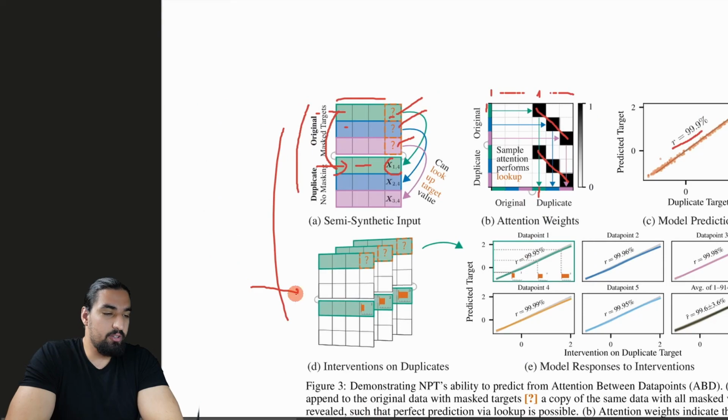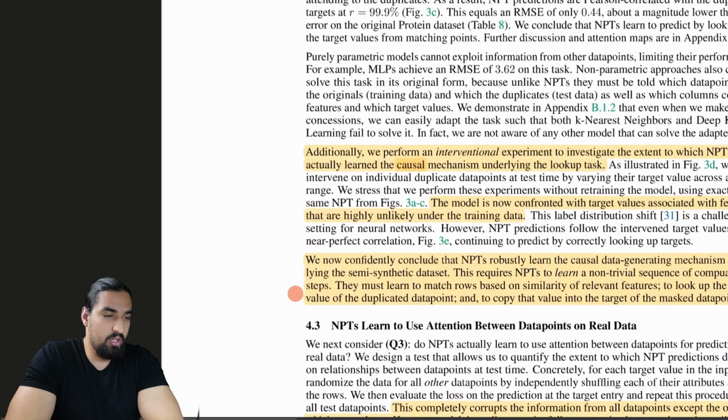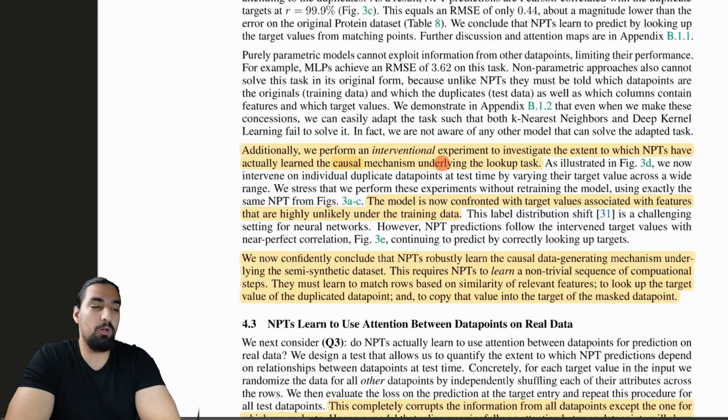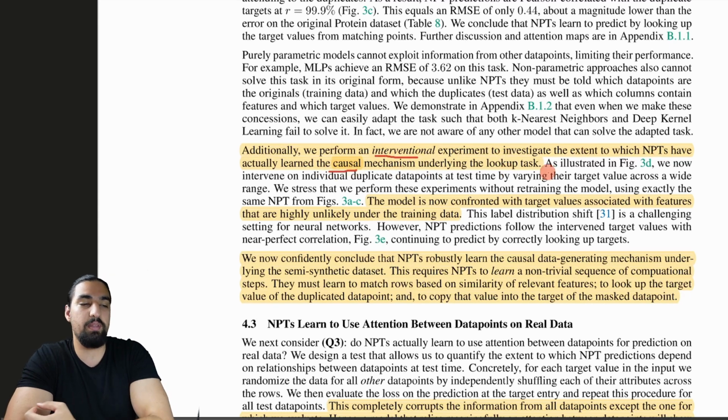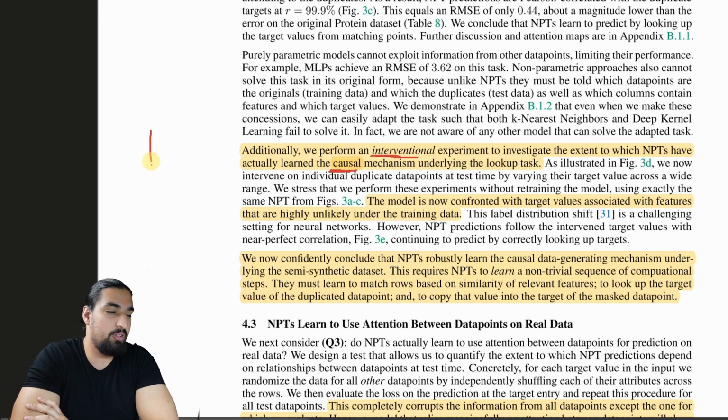So for this second row, let me just go back down here. Okay, so additionally we perform an interventional experiment to investigate the extent to which MPTs have actually learned the causal mechanism underlying the lookup task. If you see these two keywords, and if you're familiar with Judea Pearl's work, you'll notice that this is basically rung 2. We have this thing called the ladder of causation.